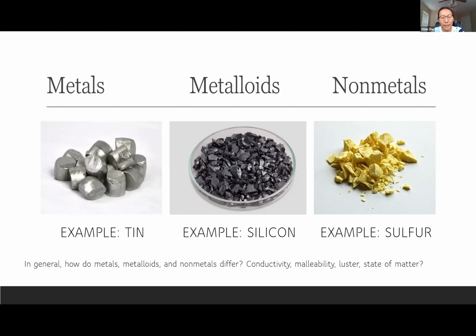Okay, somebody said metalloids are kind of a blend between metals and nonmetals. They kind of have properties that are a cross between them. Yeah, okay, somebody said metals are solid. That's true, they're usually all solid. They're hard and conductive. Somebody said shiny, ductile, malleable. That's right.